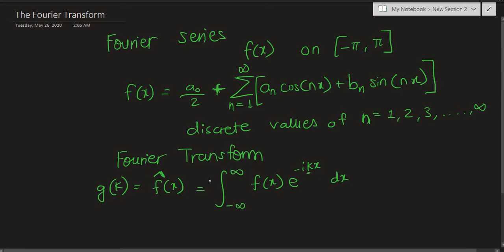And we also have the factor of 1 over square root of 2 pi in front of this, which is, as I said, a sort of normalization factor. So that's basically how we define our Fourier transform.